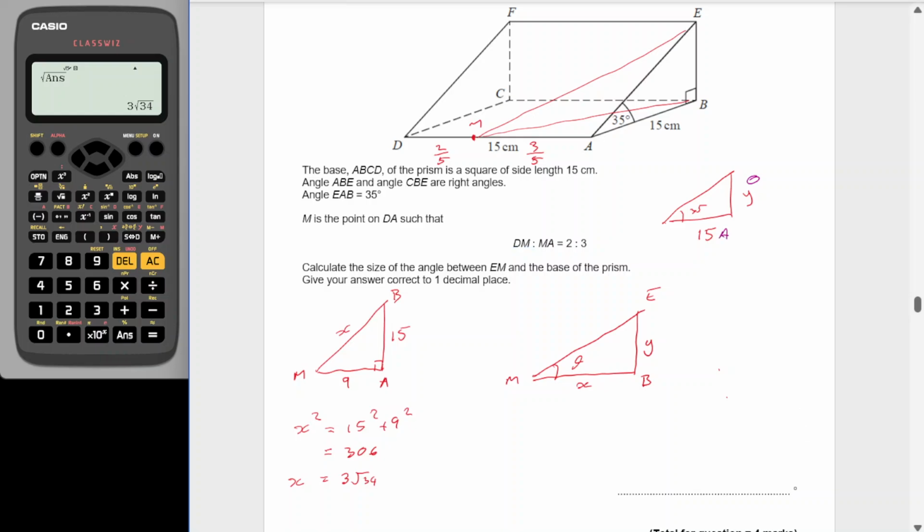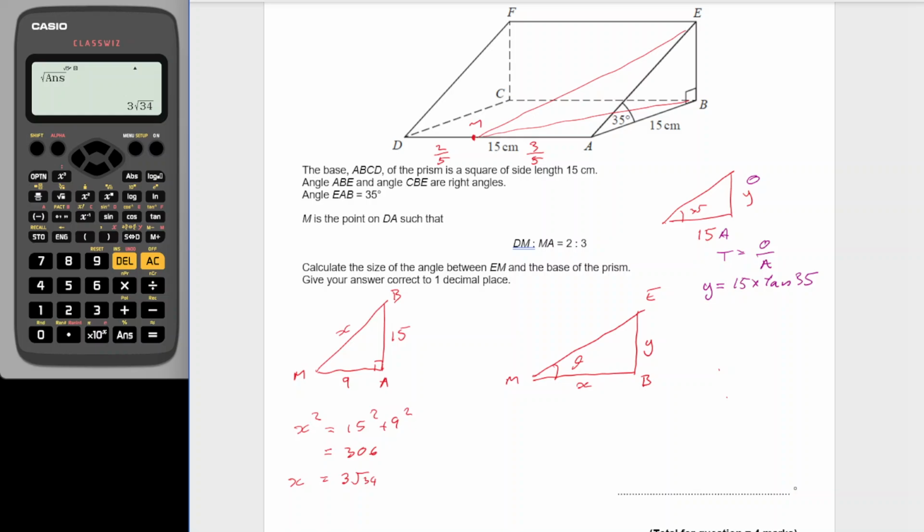So I'm using the tan ratio, TOA, and it is the O that I'm trying to work out. So y is going to be equal to 15 times by tan of the angle. Sorry, we know what the angle is, don't we? It's 35. Right, okay, so I'm going to keep it like this. I'm going to resist the urge to decimalize that.